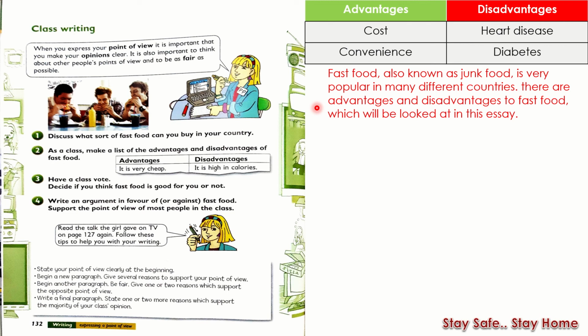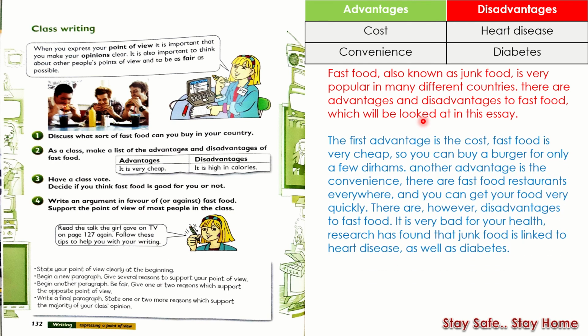I would just put the thing that I am arguing in favor of or against, for the reader to know what I am talking about. So the reader now knows I'm talking about fast food. I'm going to talk about advantages and disadvantages, and build my opinion over them in this essay.